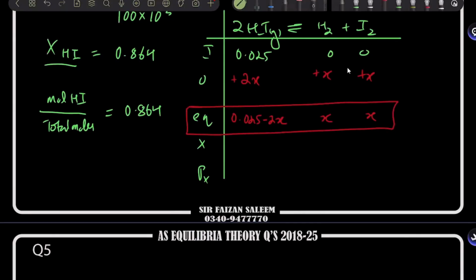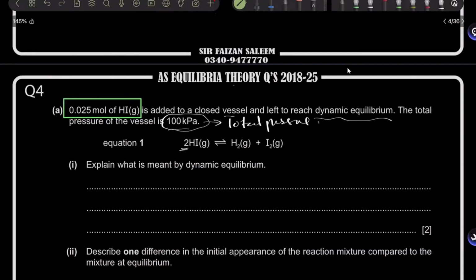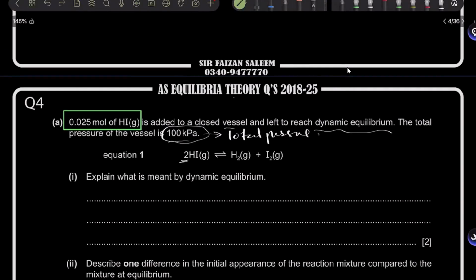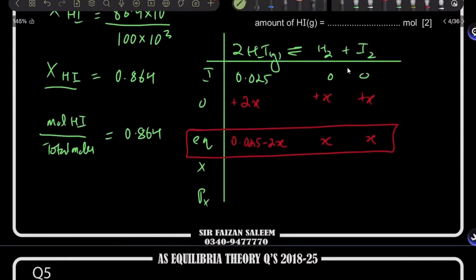I need to ask myself, are these equilibrium moles in 1 dm cube of volume? Did they tell us the volume? No, they did not tell us the volume. So I assume that they're in 1 dm cube.